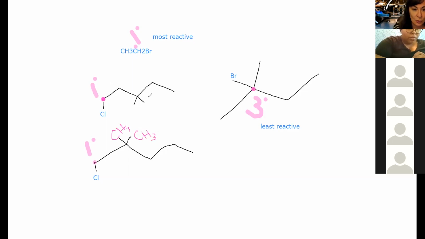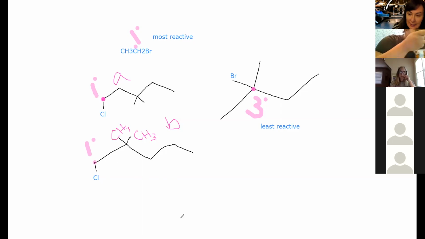And so these two guys up here are also methyl groups. Between this compound here, which I'm going to call A, and this compound here, which I'm going to call B, which one do you think is easier to get to the active site from the back? A, where the methyl groups are far away, or B, where the methyl groups are right there next to the active site? A. A is going to be better, right?